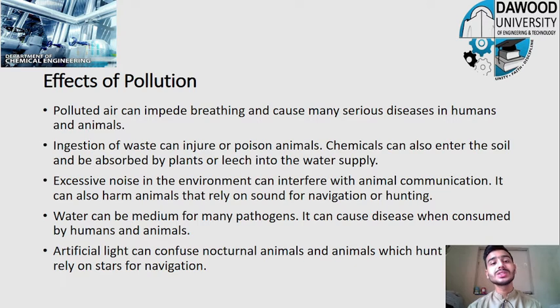It can cause disease when consumed by humans or animals. A recent and modern disease is Naegleria, which goes directly to the brain and affects the brain of a human or any type of living thing. Now come to the final, which is artificial light. Artificial light can confuse nocturnal animals and animals which hunt at night and rely on stars for navigation.